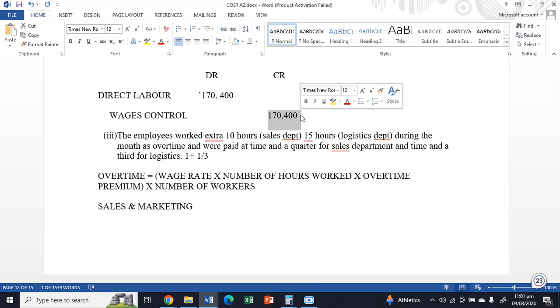How much do we get in total? What did we get in total?